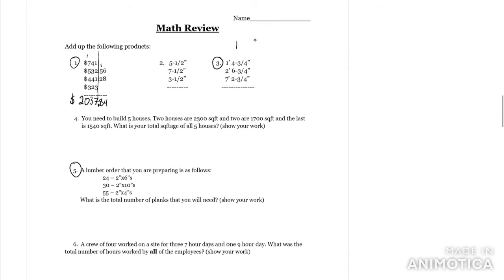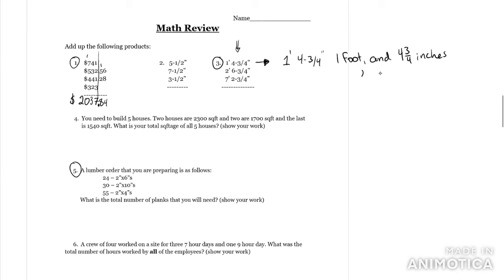The other thing that we're going to encounter is things like this. This is how we show imperial measurements. So for example, what this is actually saying is 1 foot and 4 3/4 inches.